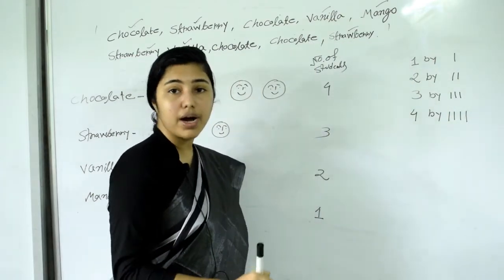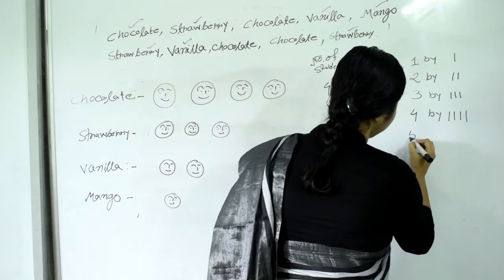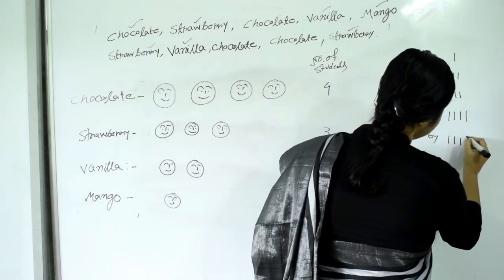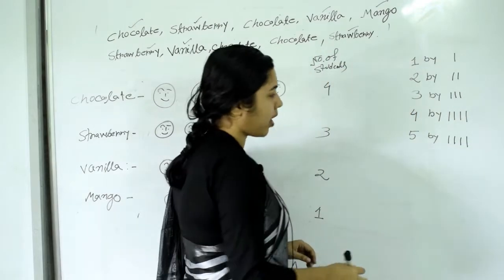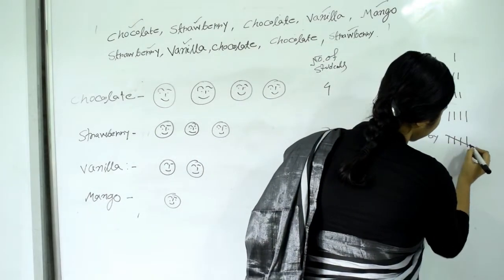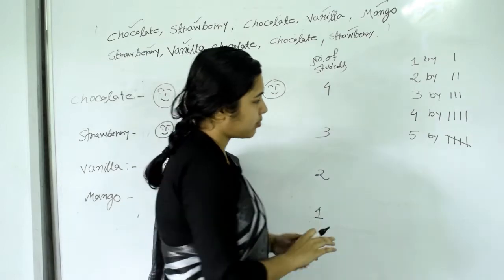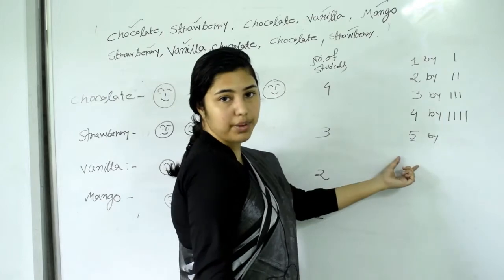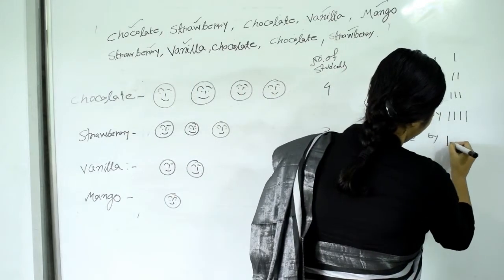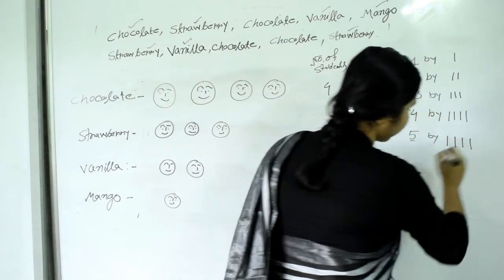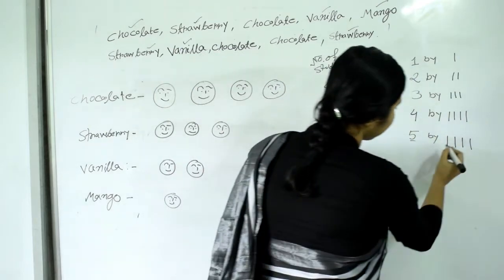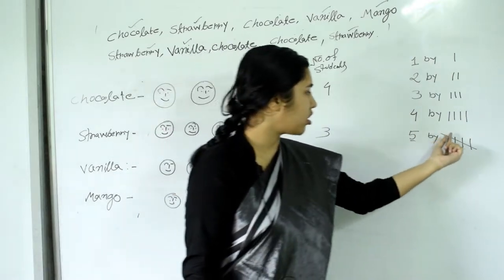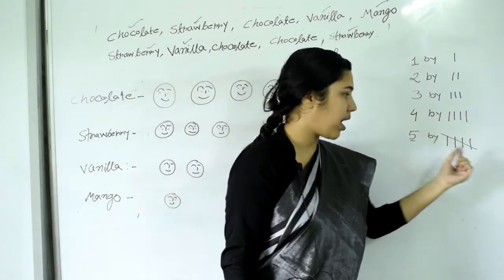4 bars. But in case of number 5, first draw 4 bars and then for the 5th one cross all these 4 bars. I am showing you again. Look here. Represent number 5 as first draw 4 bars, and then for the fifth one cross all these 4 bars.